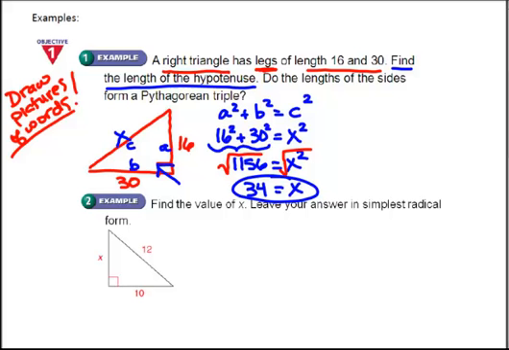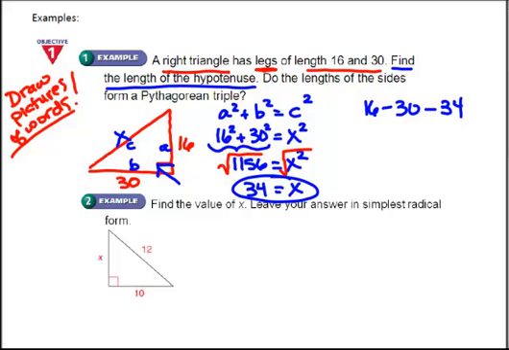Okay, the second part of this question says, do these lengths of the sides form a Pythagorean triple? So what were my sides? 16 and 30 and 34. The answer to this question, of course, is yes, because they are whole numbers, and Pythagorean theorem does hold true.